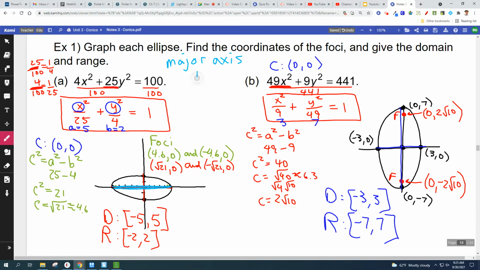That major axis has a length of 10, and this major axis has a length of what, 14? 14. And then there's a minor axis, and it's just the short one. This minor axis is 4, and this one would be 6. So the longer one is the major, the shorter one is the minor. Yes?